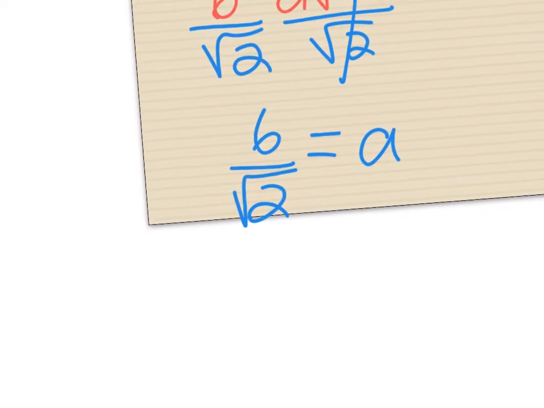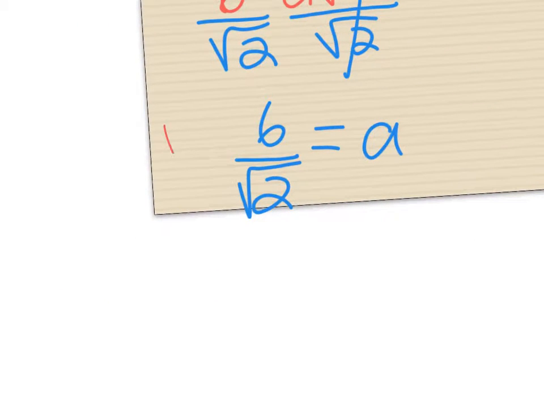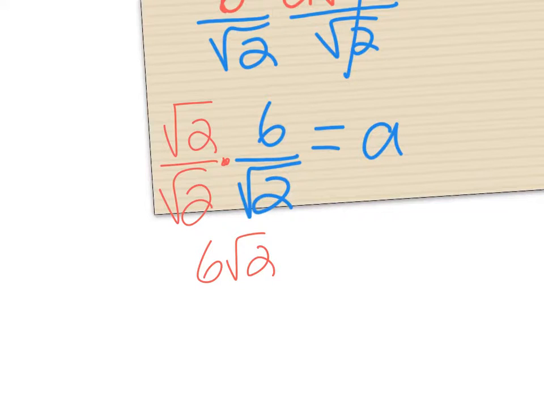So if I come over here, I multiply both the top and the bottom by the square root of 2. And I can do this because I'm basically multiplying by 1, which doesn't change it. And then in my numerator, I would get 6 root 2. And in the denominator, I get root 2 times root 2, which is what? 2. So the whole goal there is to get rid of the square root in the bottom.